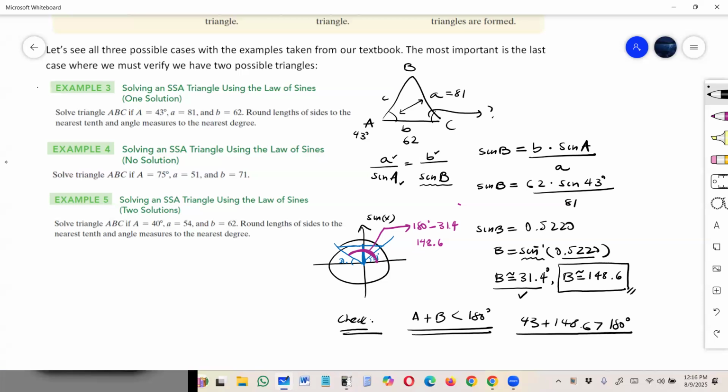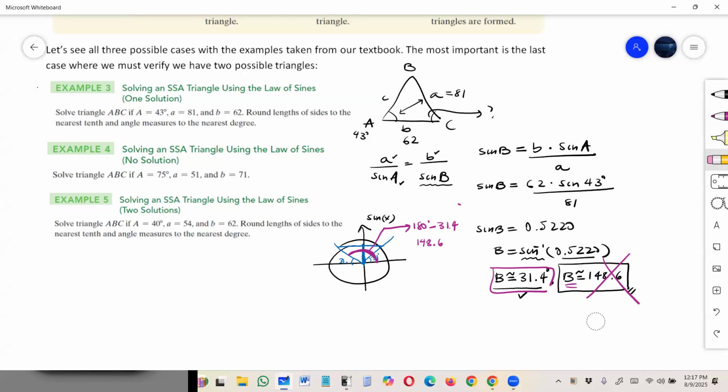Now, what does that mean? It means that this answer here, this triangle with the angle B, is not possible. So we disregard it and we only consider the case that B is 31. So it's a little easier for us, but we have to check. Every single time when we have ambiguous cases, we have to check. Now this becomes a case where I have a single solution.